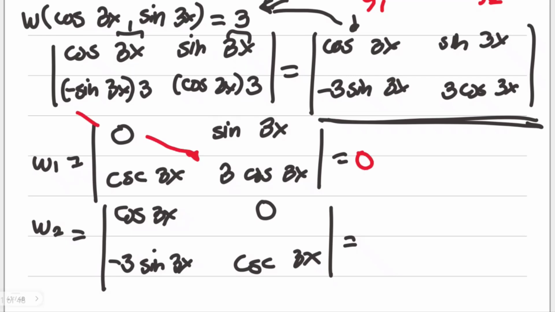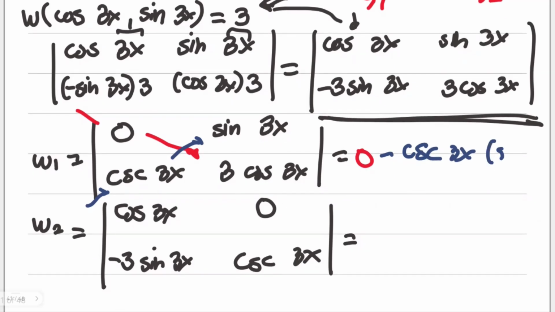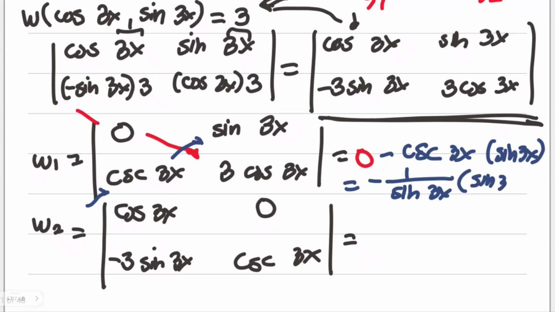Then this diagonal, minus that's cosecant 3x times sine of 3x. We know that cosecant of 3x is just 1 over sine of 3x. So times sine of 3x, cancel, you will have negative 1 for W sub 1. Okay? Take note of that.